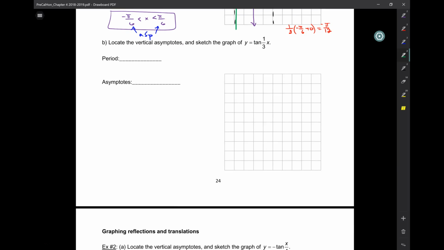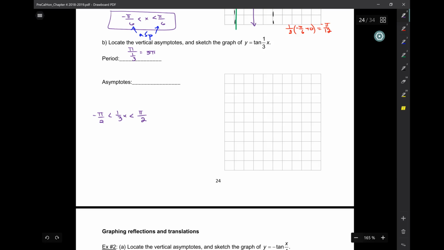Let's do one more. What's the period here? It's pi over 1/3, so 3 pi. Okay? All right, so for the asymptotes, I'm going to do 1 over 3 x, and we're going to go from negative pi over 2 to pi over 2 again.